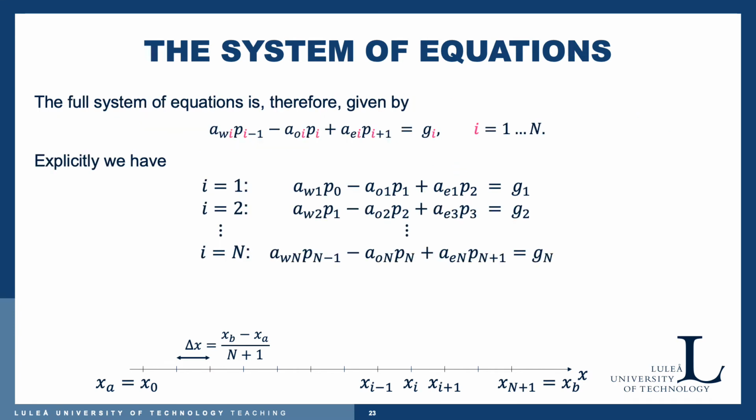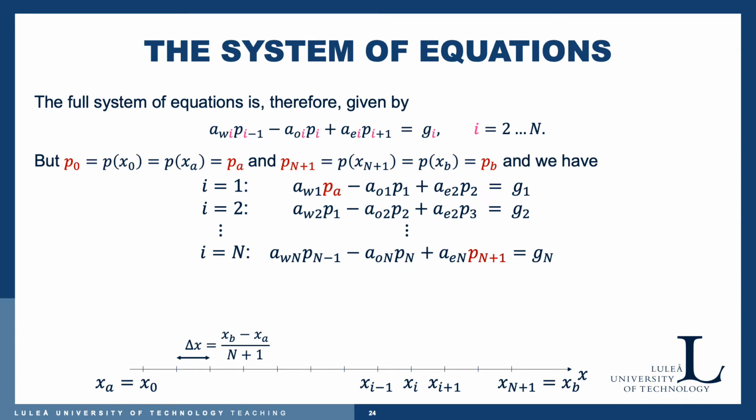We highlight that with some color here, and we also express a few of the equations. The equations for i equal 1, 2 and n are given here, and you can probably guess the intermediate equations in between. So this specifies the determining system of the problem.